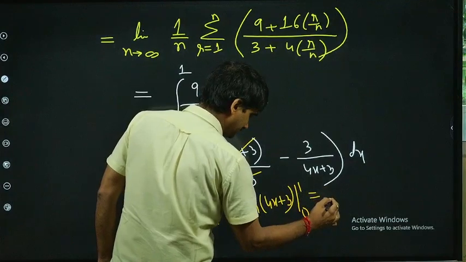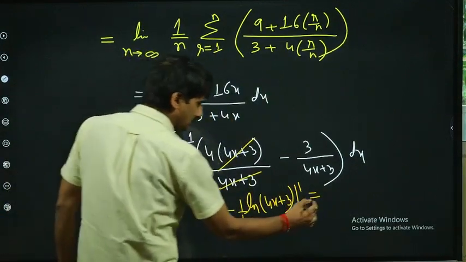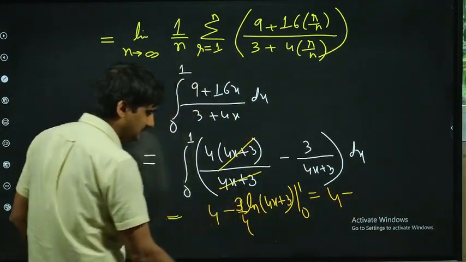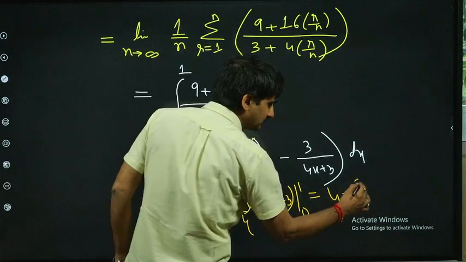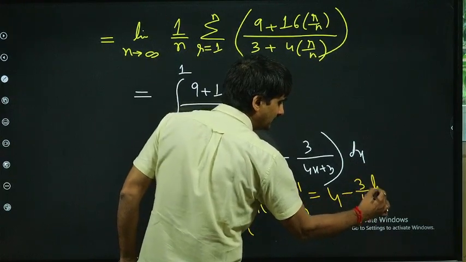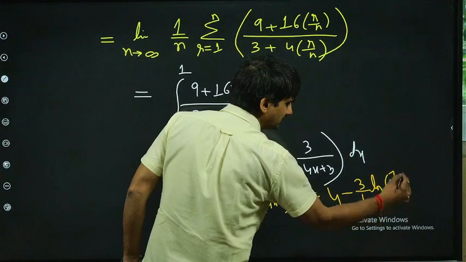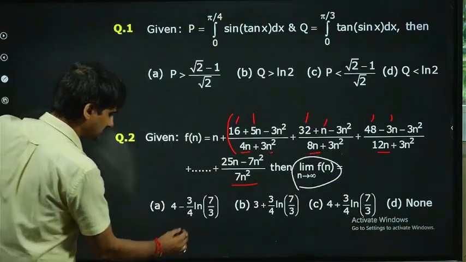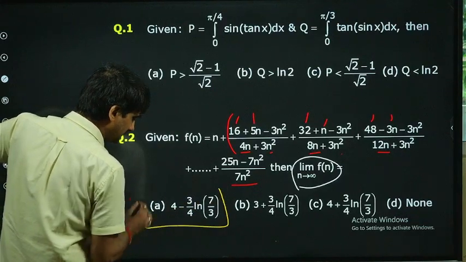So that's 4 minus 3 by 4 ln of 7 by 3, that's what I claim.